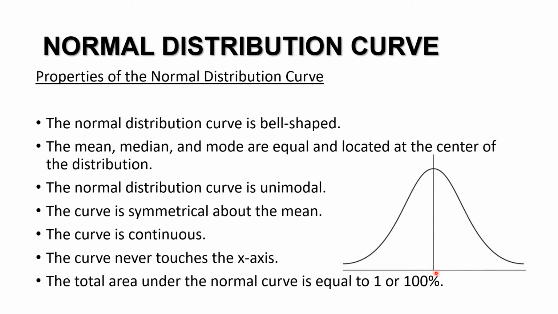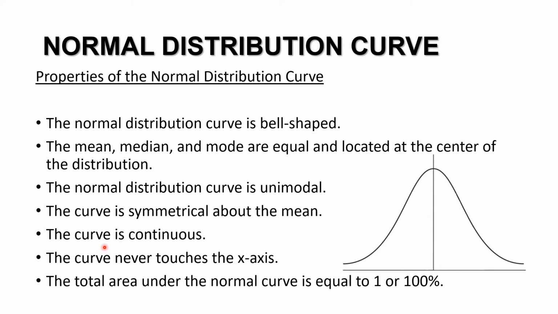The normal distribution curve is unimodal, meaning in our data set there is only one value that has the most frequency, and that is also our mean and the median. The curve is symmetrical about the mean, meaning when we cut this into two vertically, the two halves are the same. The left side is the same as the right side, like mirror images.